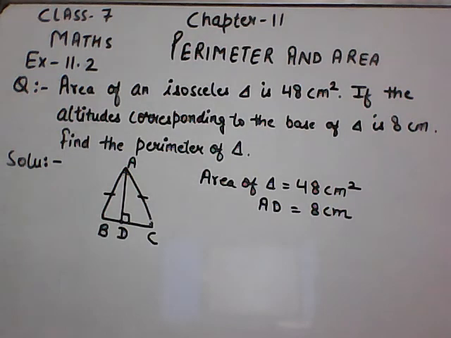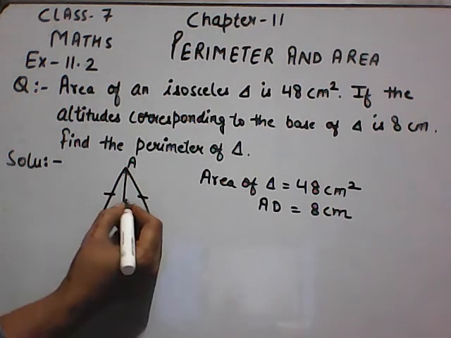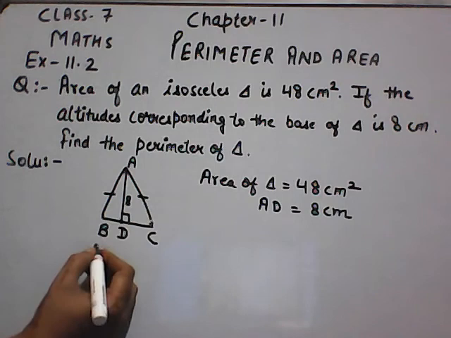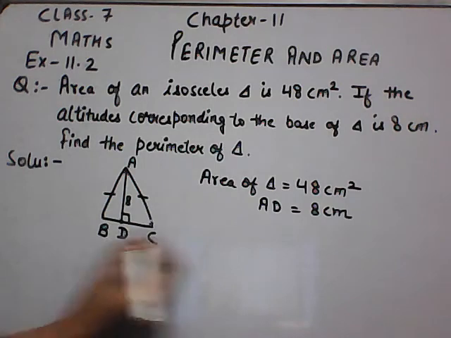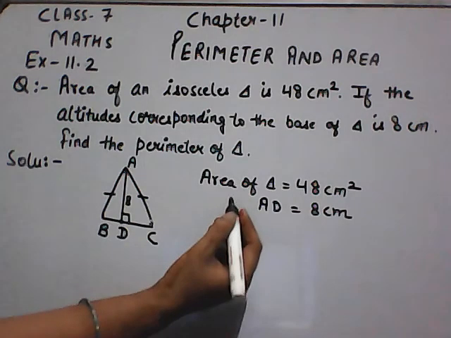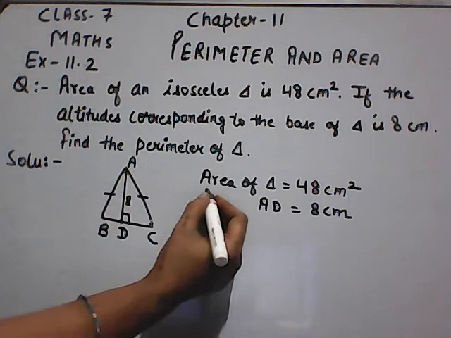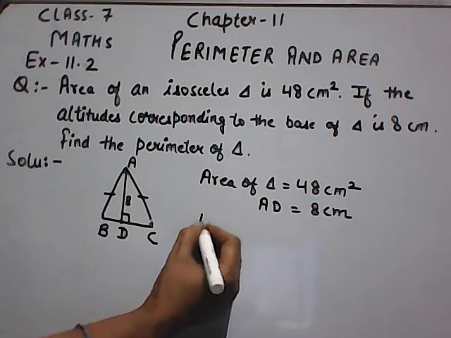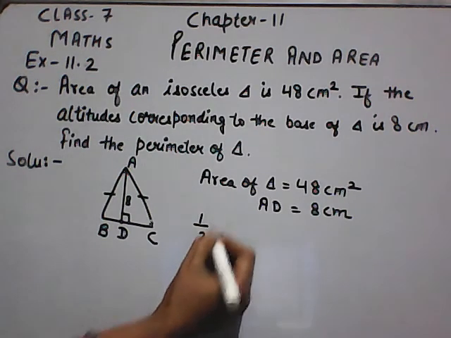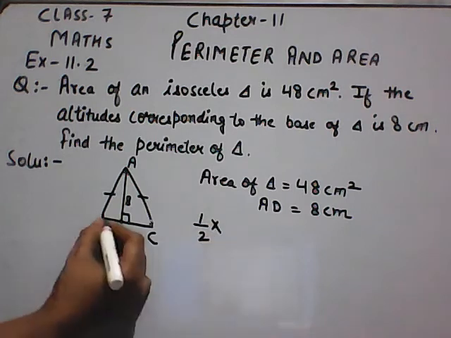Now, AD is given to you 8 centimeter. Area of triangle is given to you 48 centimeters square. Now what is the formula for finding the area of a triangle? It is 1 by 2 multiply by base multiply by height.